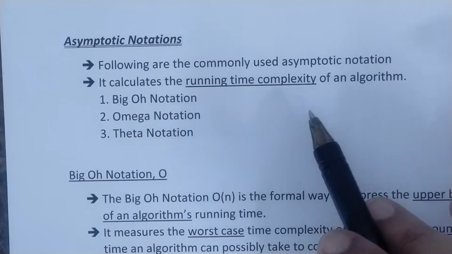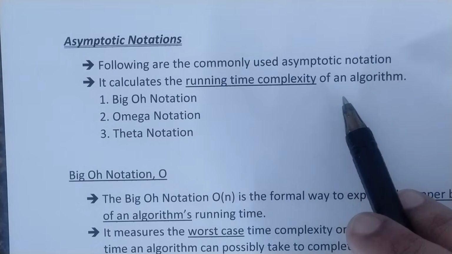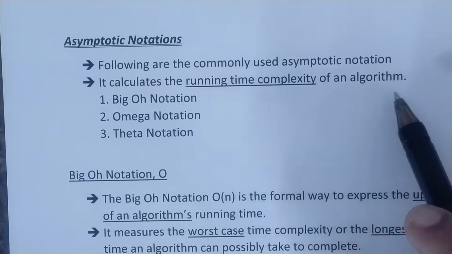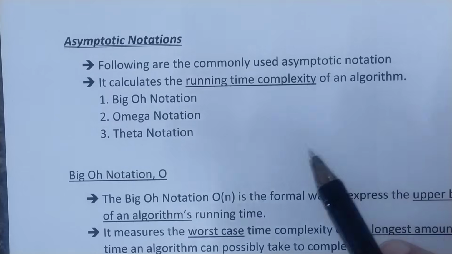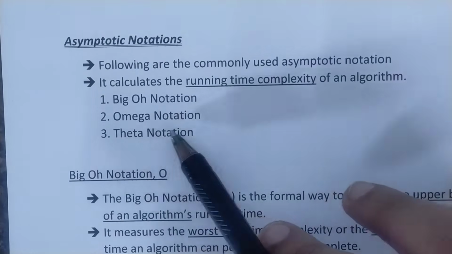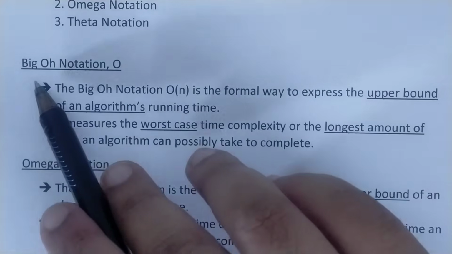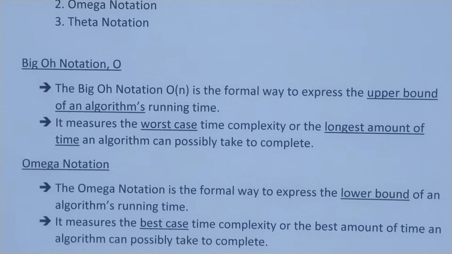Here I have explained some asymptotic notations for calculating the runtime complexity of an algorithm. First is big O notation, second is omega notation, third is theta notation. Big O notation is used to measure the worst case time complexity or the longest amount of time taken by an algorithm to complete.